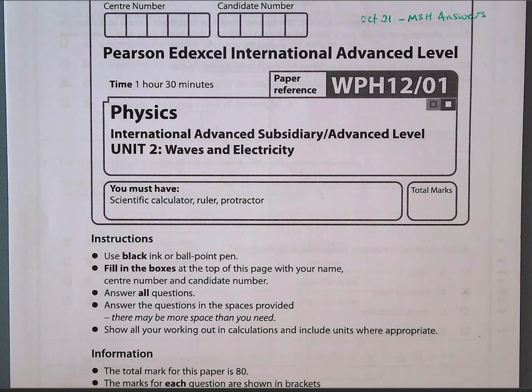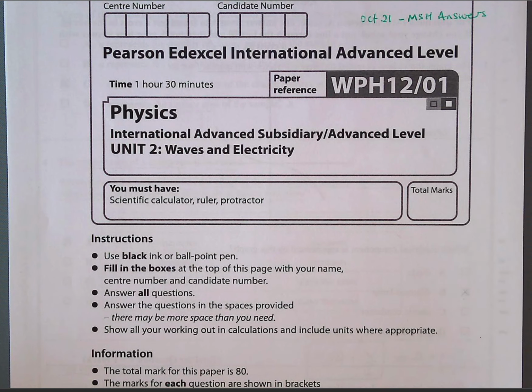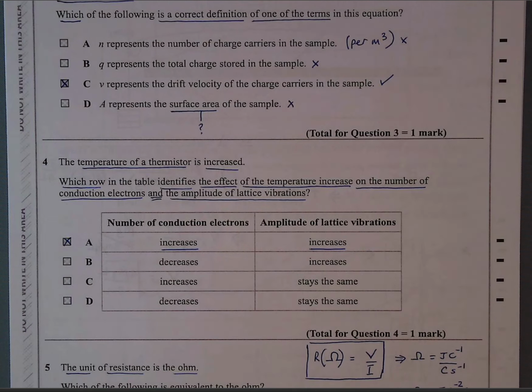This module is normally taken in June, and my students are preparing for it as we speak, so this will allow them to have another practice exam and then see how their answers are different to the way that I've done them, using the mark scheme, but also showing the model answers.